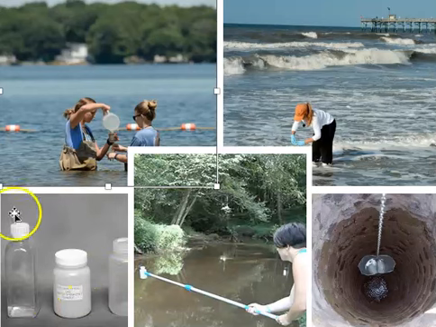Last, over here on the lower left, this is just a sample of the kinds of containers that are frequently used to hold samples that come from bodies of water. These are larger containers because, again, they have to hold enough water to give us a representation of what's being sampled.